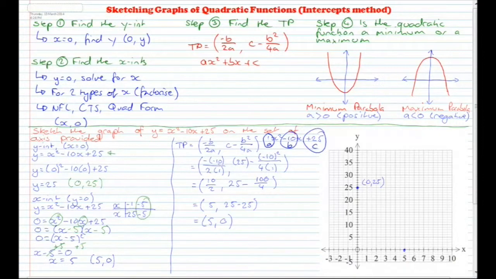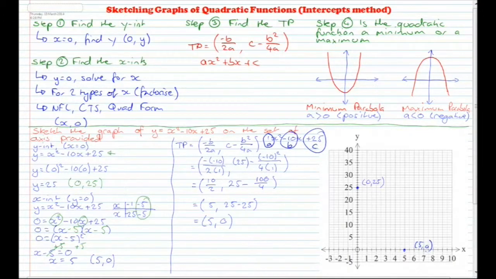So negative b, so negative negative 10, over 2 times 1, comma, 25 minus negative 10 squared over 4 times 1. Simplifying: negative negative 10 is 10, over 2 times 1 is 2, 25 minus 100 over 4 times 1 is 4. 10 divided by 2 is 5, and 100 divided by 4 is 25. And 25 minus 25 is 0. Therefore, just as we predicted, our turning point is at the coordinate (5, 0).